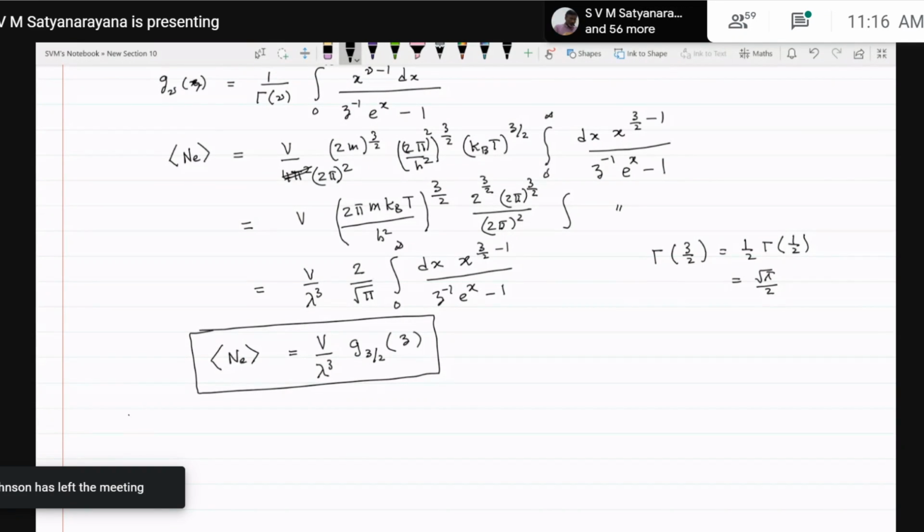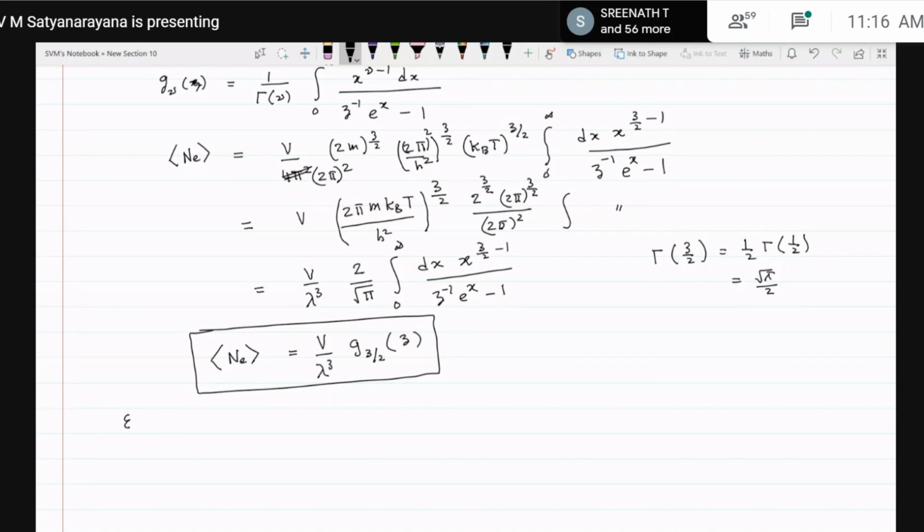Now we also go back to this expression that PV over kT is equal to sum over epsilon of logarithm, with a negative sign of course, of 1 minus z e to the minus beta epsilon.